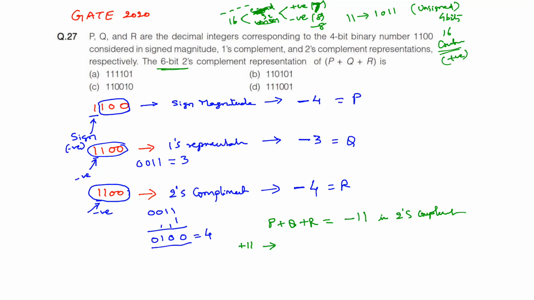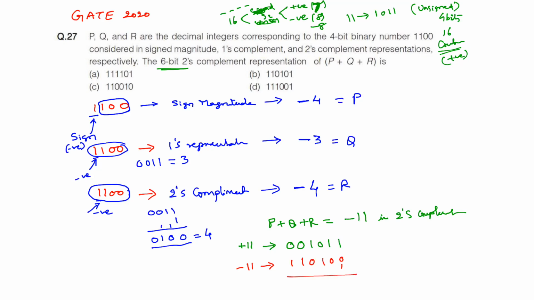Simply first write the 11 in normal form, 1011. To make it 6 bits, add 2 zeros at the left side. So the value is not changed. Now this is +11. If you want to make it -11, then take 2's complement of it. 2's complement means 1's complement plus 1.